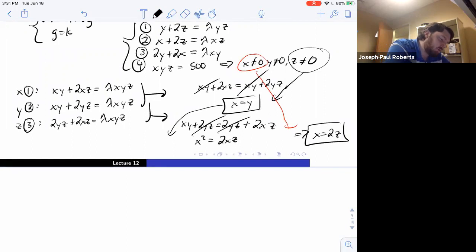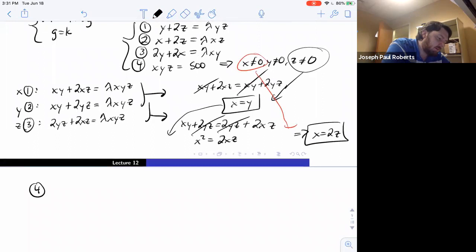So I've used equations 1, 2, and 3. I haven't used equation 4 yet. Equation 4 says that xyz is 500. But y is x, and z is x over 2. So I get x cubed equals 1,000, so x is 10.